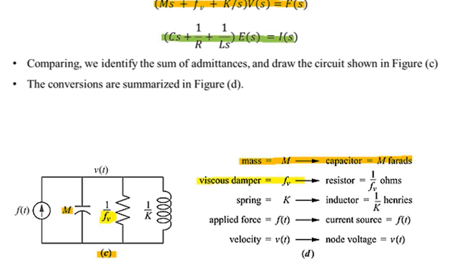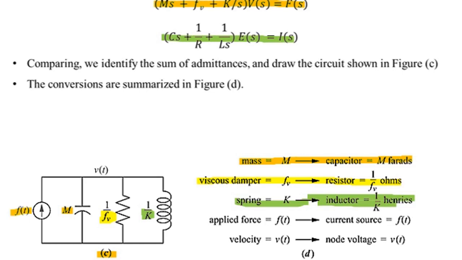A viscous damper with coefficient ρV can be replaced with a resistor with resistance 1/ρV ohms. A spring with coefficient K can be replaced with an inductor with value 1/K henries.